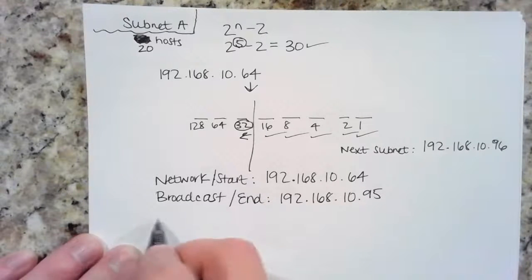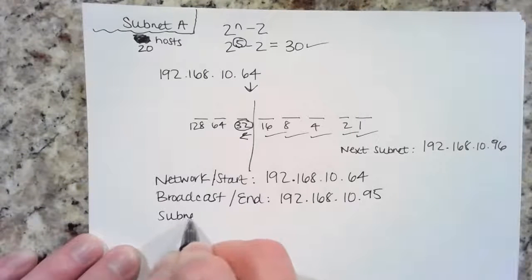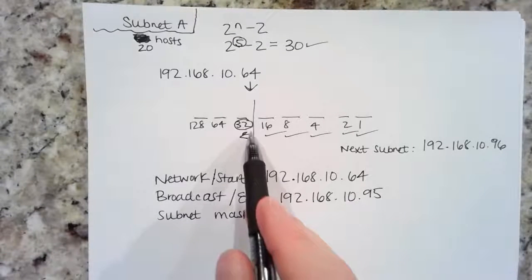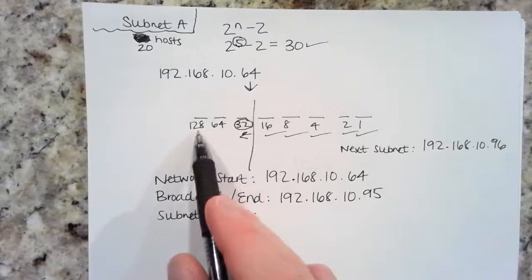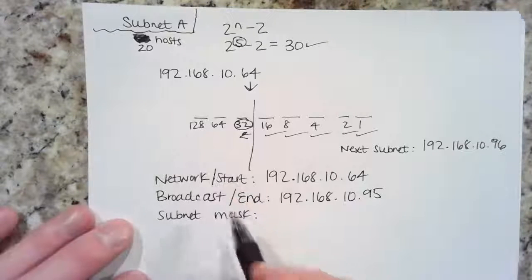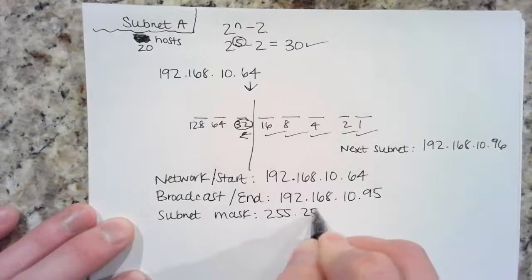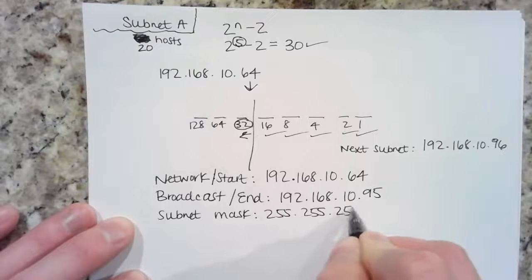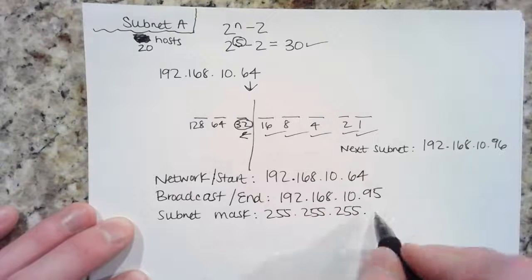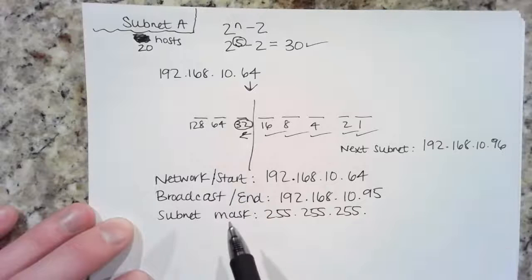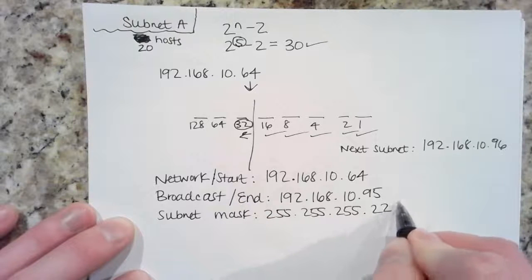Okay. And then our subnet mask for all of those addresses that go along with it is going to be adding 32 plus 64 plus 128, everything to the left of that line. So that ends up being, and again, we put all 255s in the octets we did not touch. We're in the 4th octet. So 32 plus 64 plus 128 is 224. Okay.